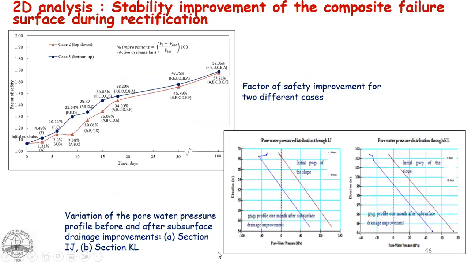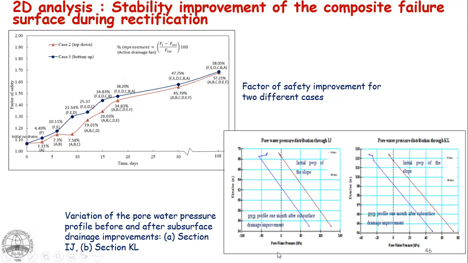We did the analysis with the composite failure surface as well, right? Combining the three, we get the composite failure surface and model the installation of drains for the top-down case and the bottom-up. We found that after installation of all 6 levels of drains, it ends up with the same safety factor.